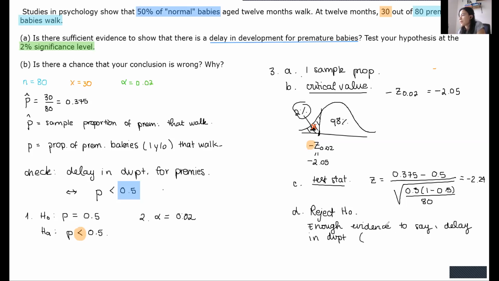Right, so there's enough evidence to say that there's a delay in development with alpha equal to 0.02. And again, it's important to specify what the alpha is because that tells you how much evidence you're required to begin with.